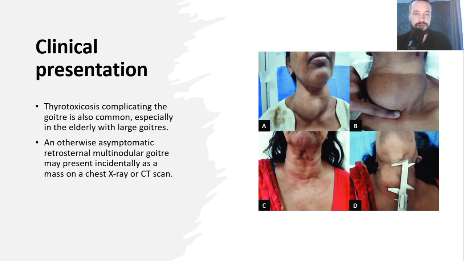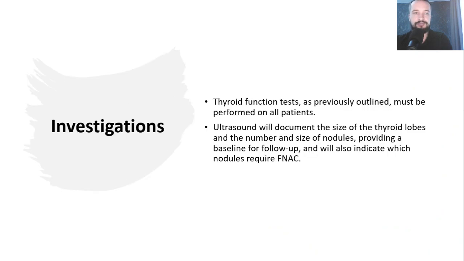Thyrotoxicosis complicating the goiter is also common, especially in the elderly with large goiters. An otherwise asymptomatic retrosternal multinodular goiter may present incidentally as a mass on a chest X-ray or CT scan.